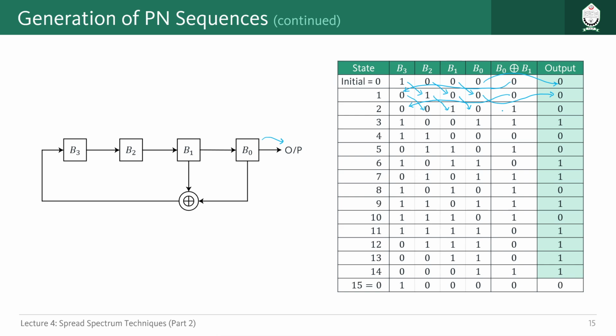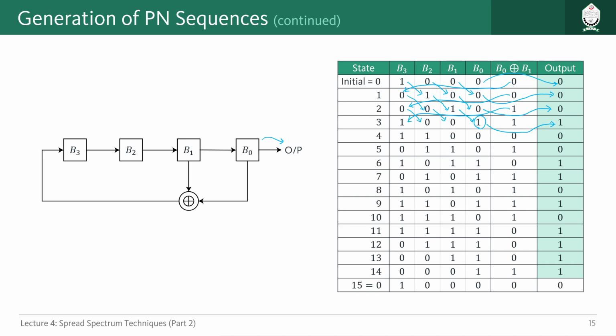Now here again B0 is 0, that value will go here. And now we have two values, 1 and 0, which will be XORed together to get the result 1, because we have one binary 1 here, an odd number of 1s, so the output will be 1, and this value will go to our B3 in the next state, and all the values will be going to their right position, like this. And B0 is 1 right now, so that value will be going here.